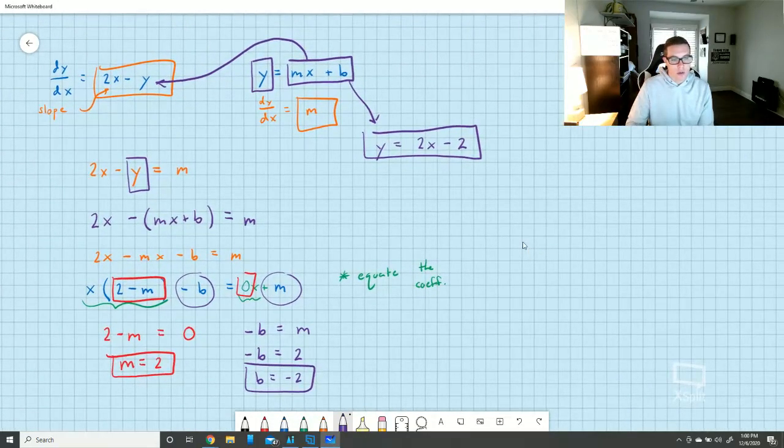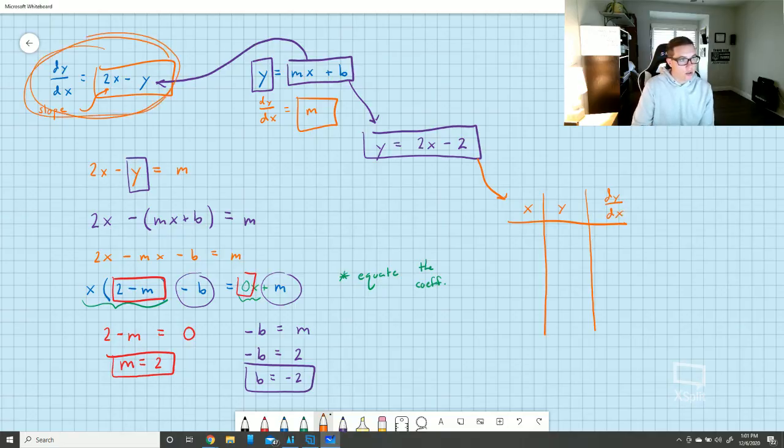All right, so what on earth did we just do? Let me show you. Essentially what we're doing is saying, hey, here's an equation or function where this derivative is true for all of its values. Is it really true? Let's find out. If I came up with a t-chart and I talked about the derivative using this differential equation, using the very original differential equation, does it hold up?